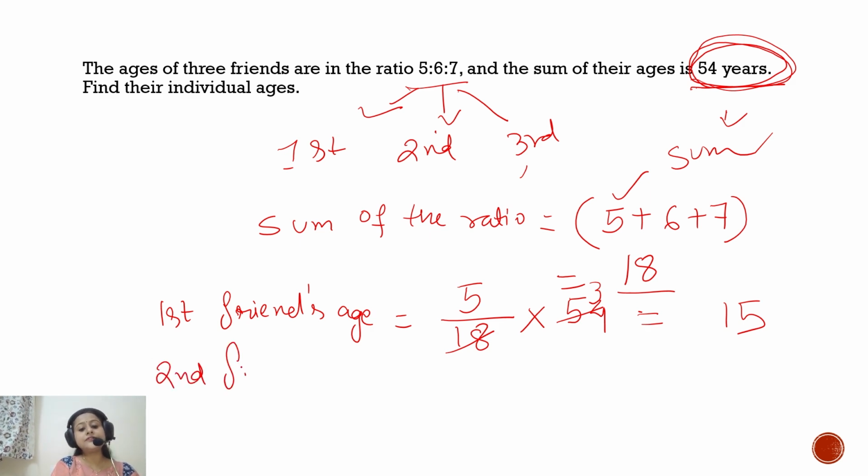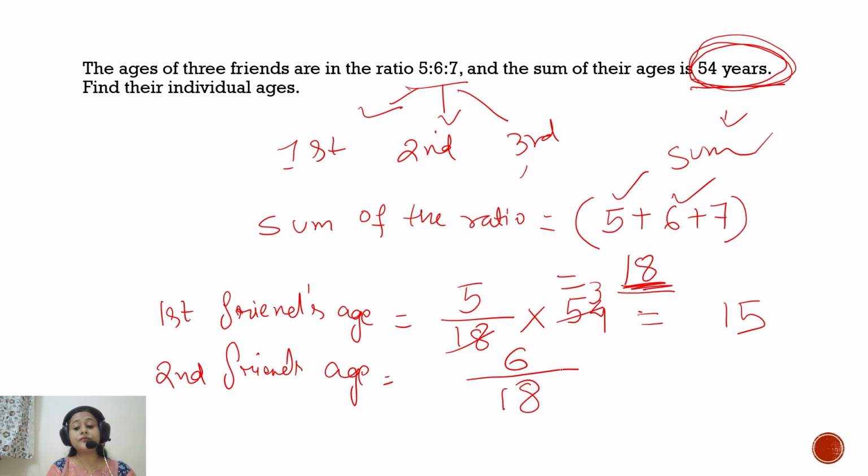So the first friend's age is 15. Similarly, we will see the second friend's age. For this, we have to consider the second term, that is 6 by the sum of the ratio, and then the sum of the ages, 54. Same, 18. If we divide 54 by 18, we will get 3, and 6 into 3 will give us 18.